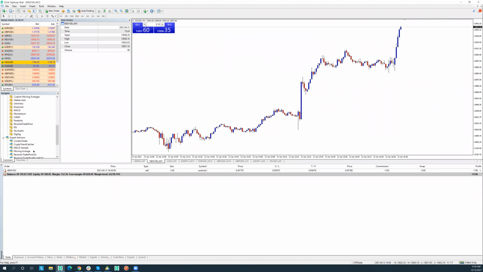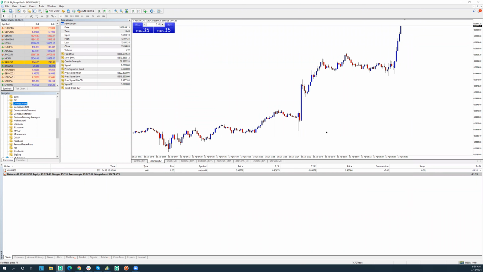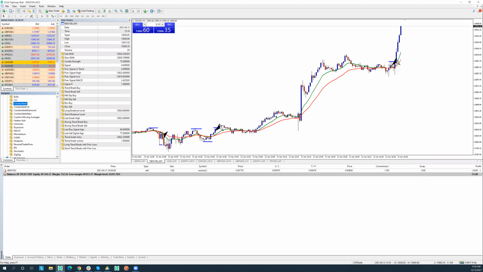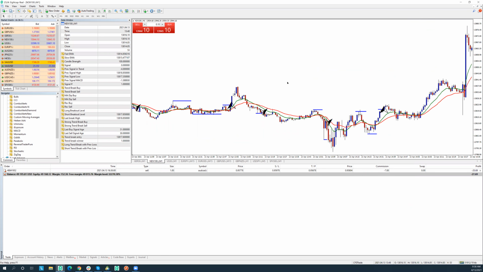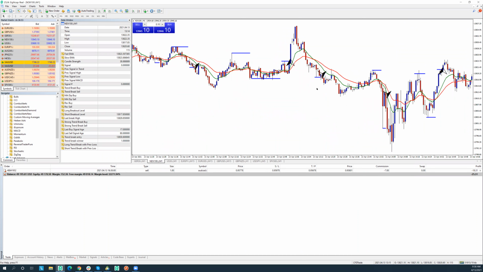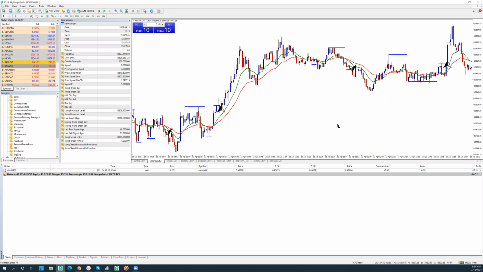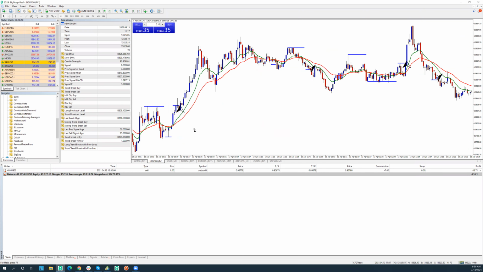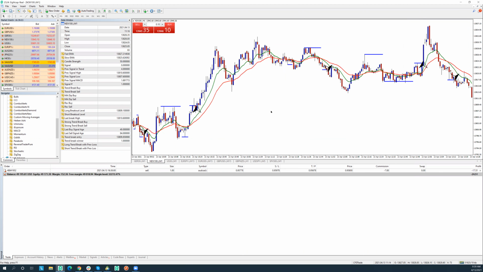Close. And go in here, combo alerts. Say okay. I'm looking for failure. Why is this not giving me any failures? Oh, I know why.